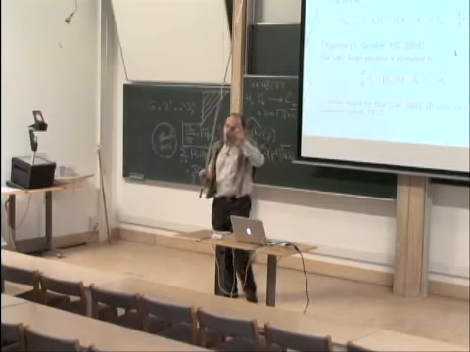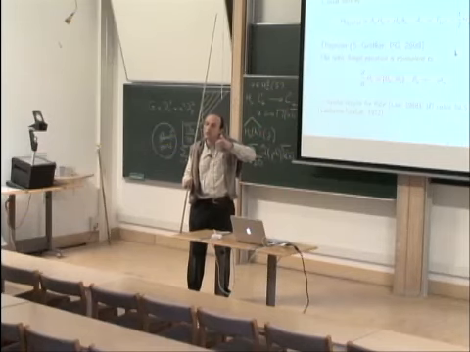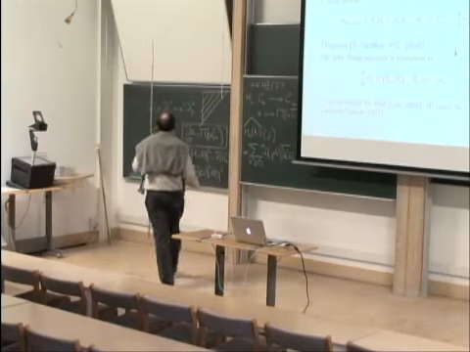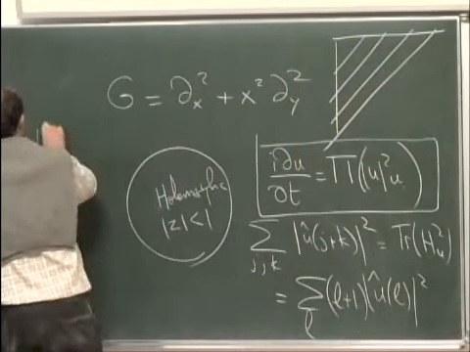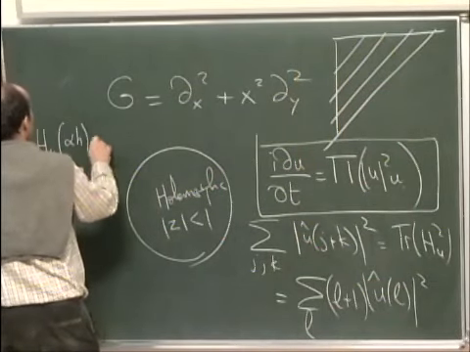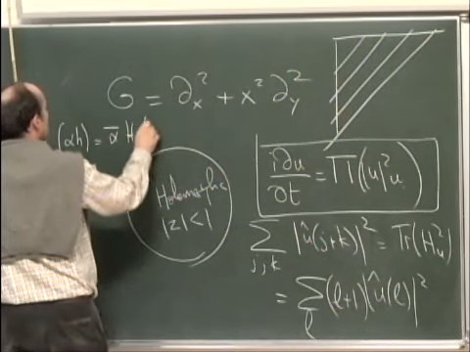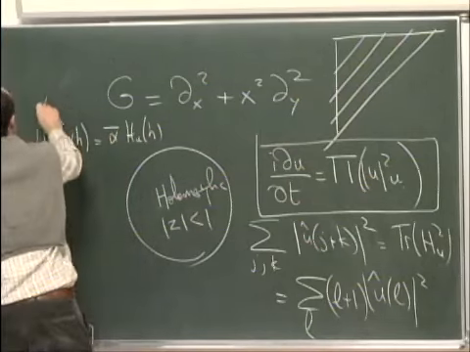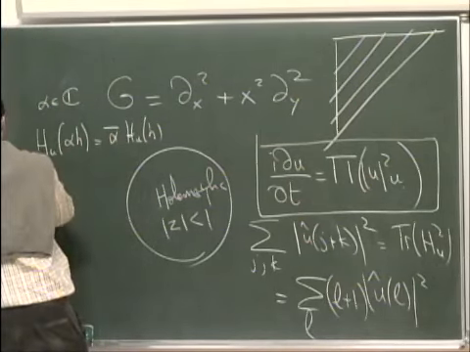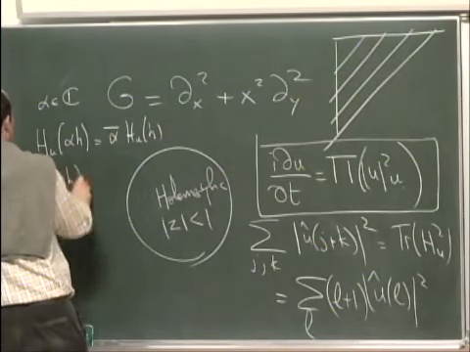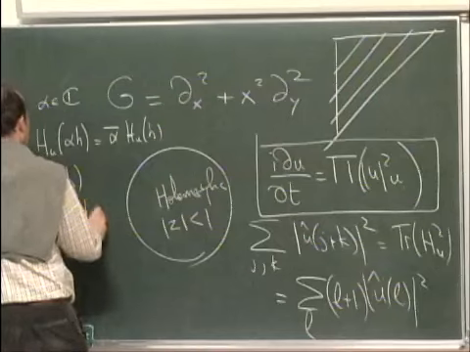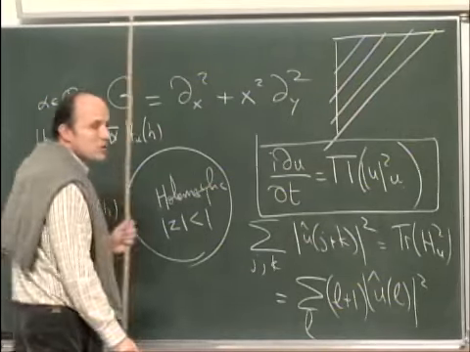So Hu squared, once again, Hu is antilinear. Hu satisfies Hu of alpha h equals alpha bar Hu of h for any constant alpha. But of course, Hu squared is C-linear, because you apply the conjugation twice. Okay?